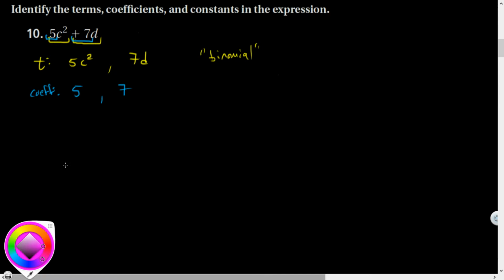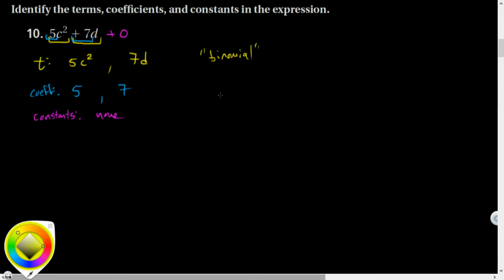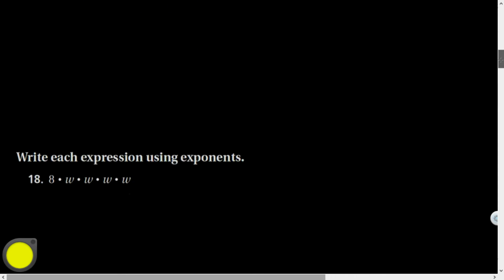And then they asked for the constants. Are there any constants in this expression? Which one's the constant? No, the constant does not exist. There's none, or you could say 0. A constant cannot have a variable attached to it, right?